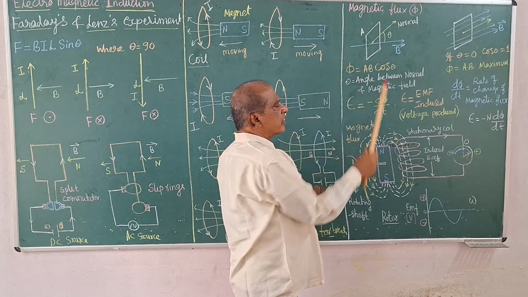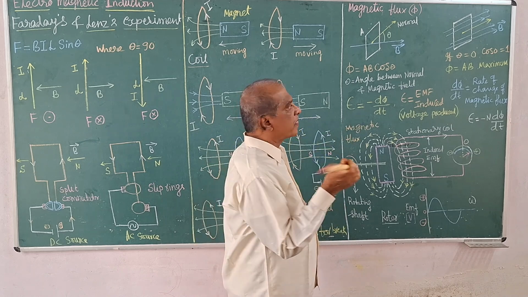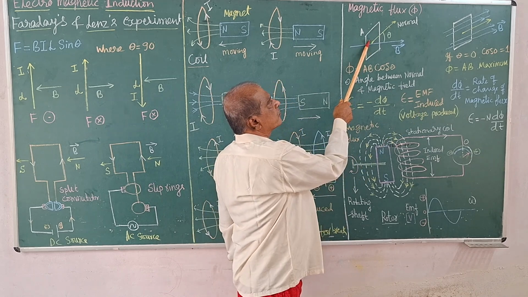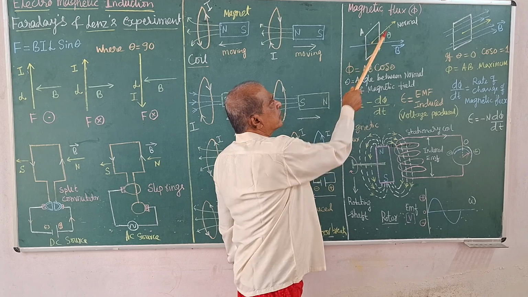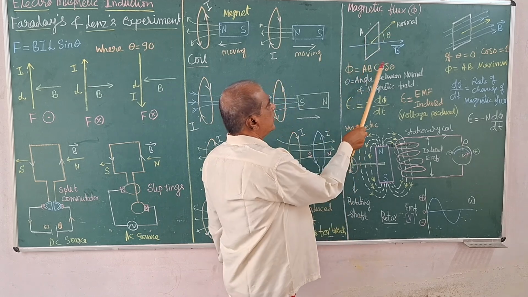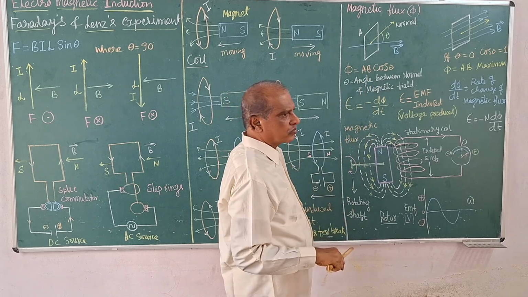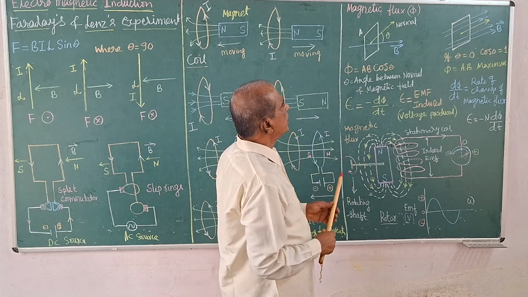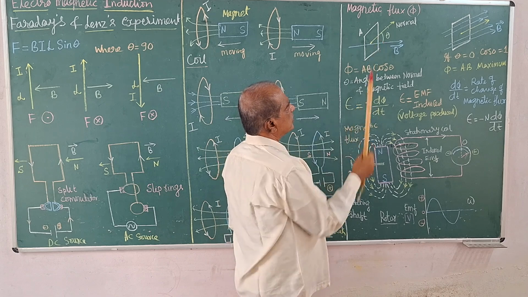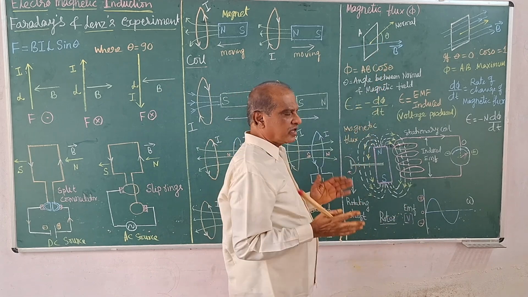What is the area vector? The area vector is a perpendicular line to the plane, the surface plane. That is the normal. AB cos theta depends on this theta as well as A and B. If theta is 0, the normal and magnetic field are in the same direction.